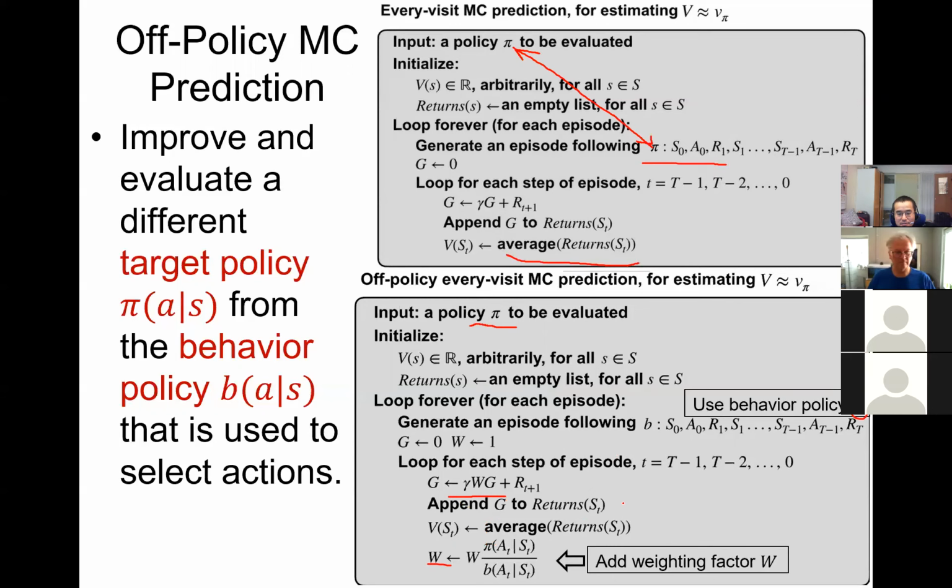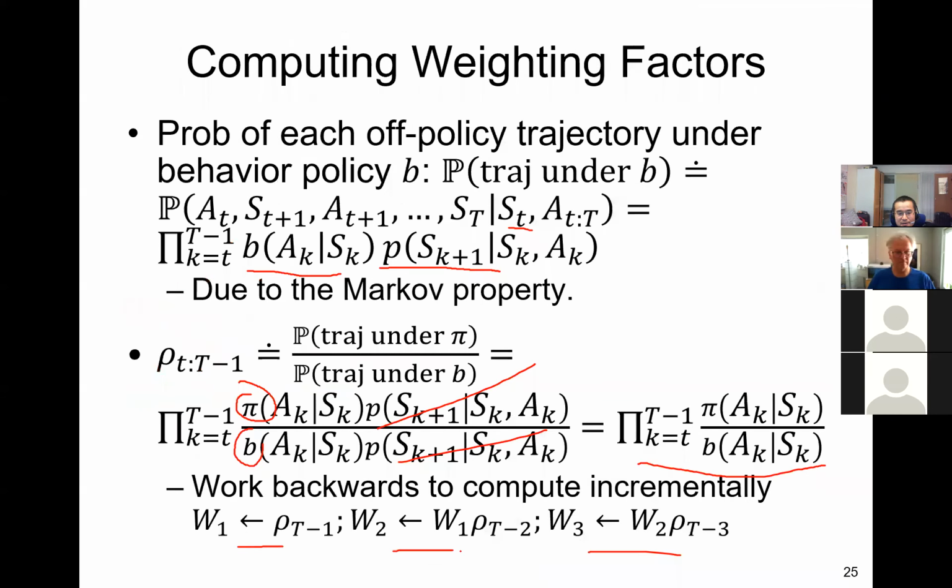And the W is computed backwards from the terminal state of the episode, multiplying in a given state at step k a factor: for the target policy, the probability of the action actually taken in the episode, divided by the probability of the action taken in the actual behavior policy.